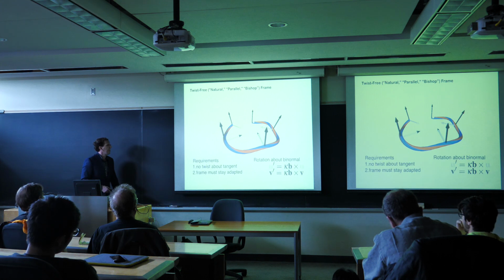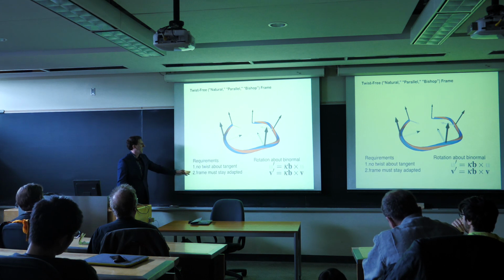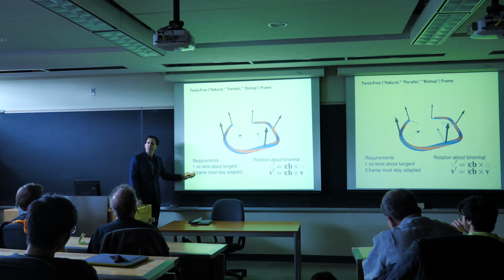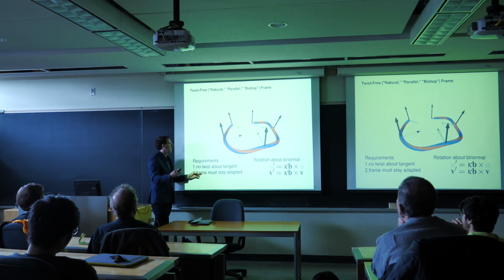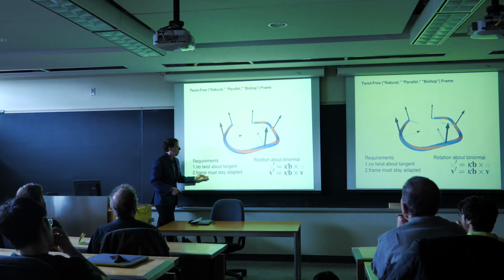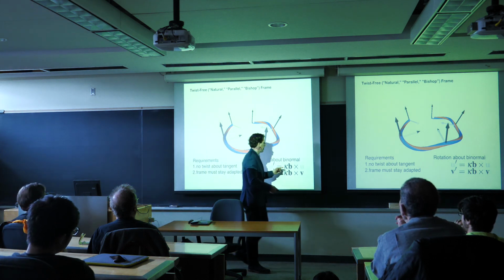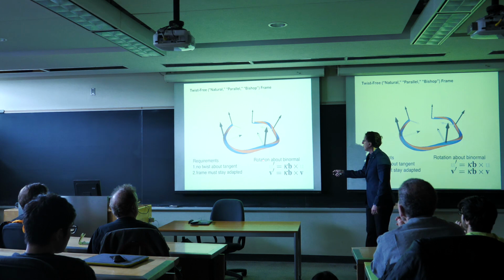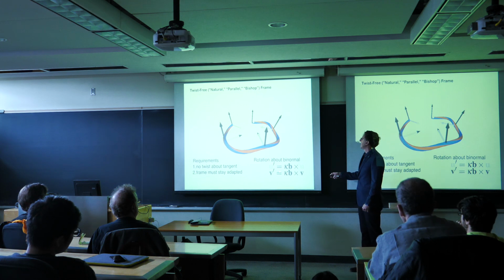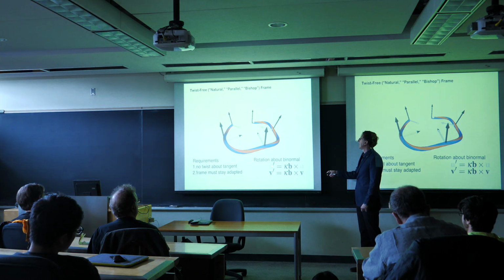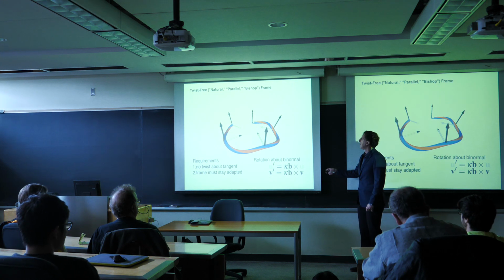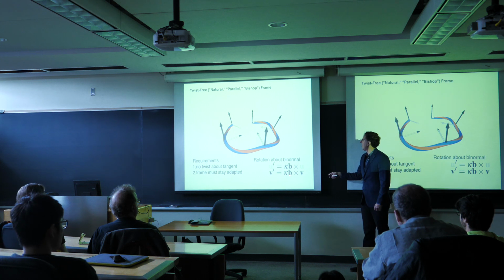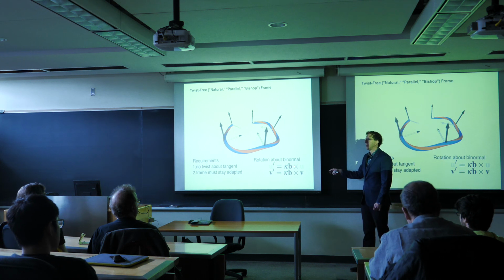So the requirement is that there's no twist about the tangent, and that the vector representing the tangent for the frame must remain parallel to the tangent of the curve. And in Cartan's view of moving frames, we can represent this as the arc length derivative or time derivative of these two vectors, u and v, by saying that they evolve as some Darboux vector cross product the actual frames.